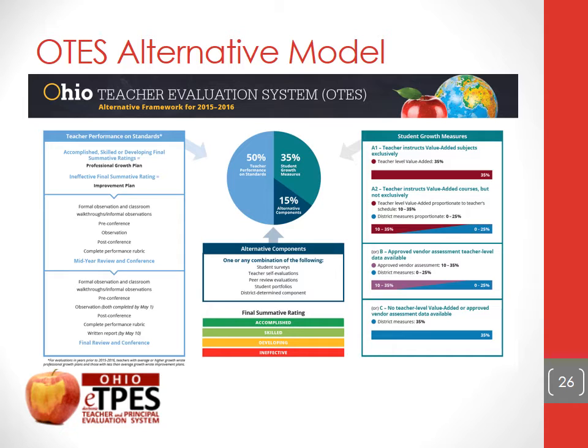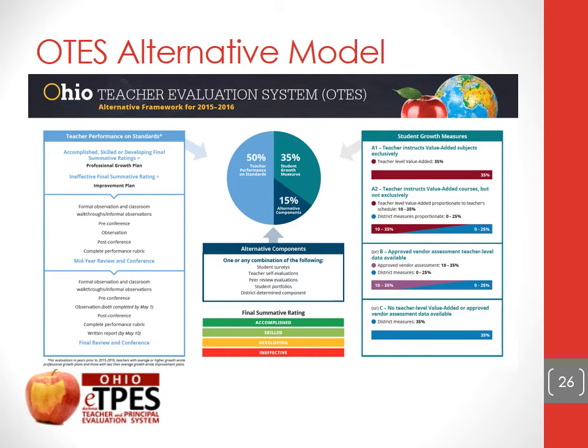As you can see, this represents that the evaluation is comprised of 50% performance on the standards, 35% from student growth measures, and the remaining 15% is from a choice of student surveys, portfolios, teacher self-evaluation, peer review evaluation, or a district-developed component. Your district or community school may choose to use this model this school year.